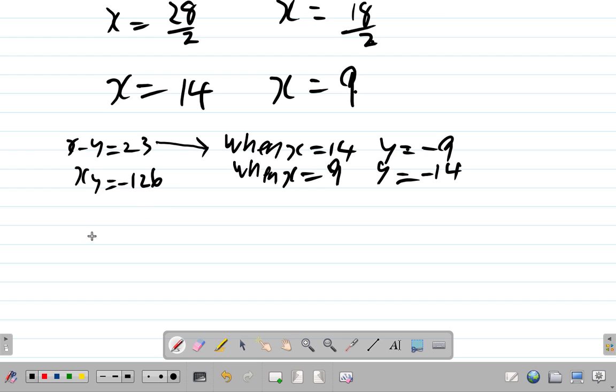When x is 14, y is negative 9. Is that so? This says x minus y equals 23. We want to know when x is 14. So we erase that and put 14 there. y is negative 9. So we erase that and put negative 9 there. 14 minus negative 9 is the same as 14 plus 9. 14 plus 9 is what? 23. Okay, so that works so far.